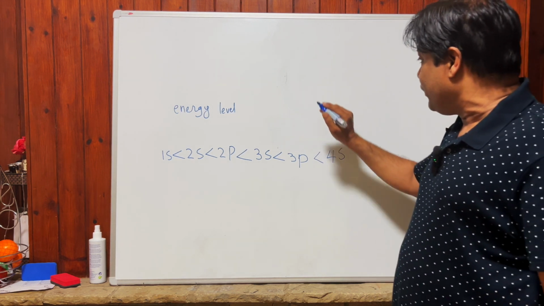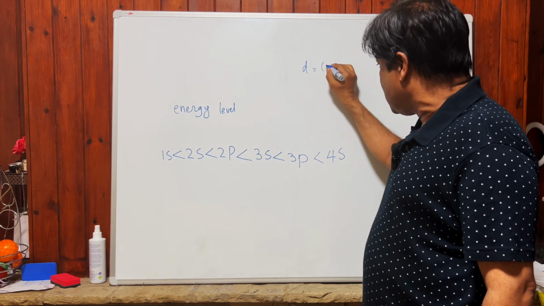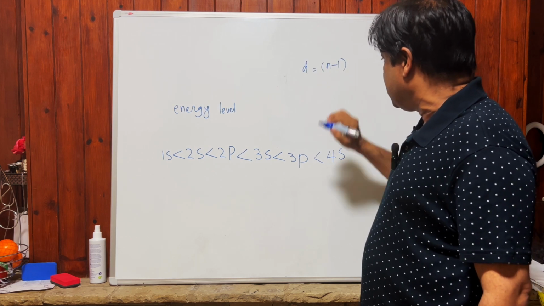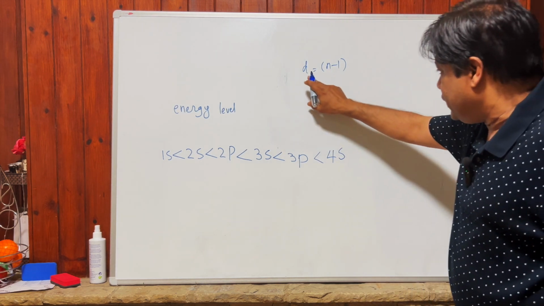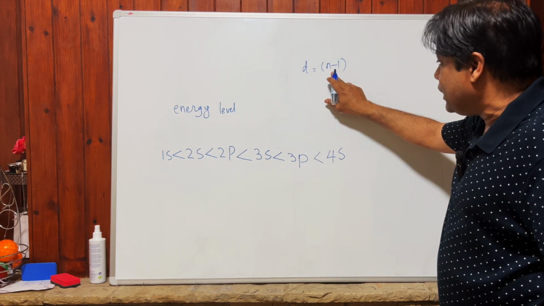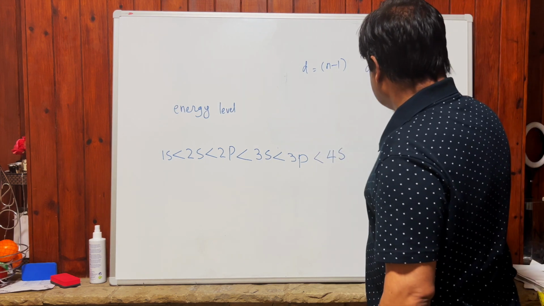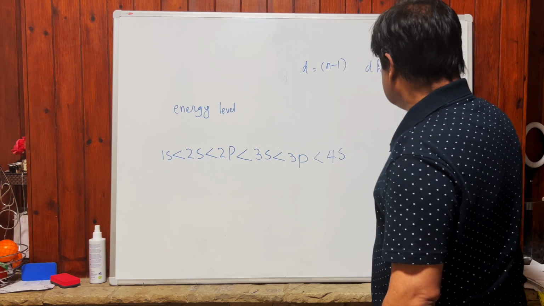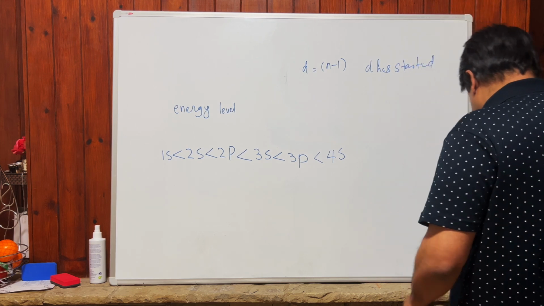To write the d subshell, follow d equals n minus 1. Sir, I didn't get it. The d subshell starts when my main energy level is n minus 1. So the d subshell has started.